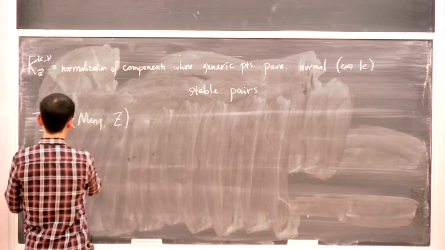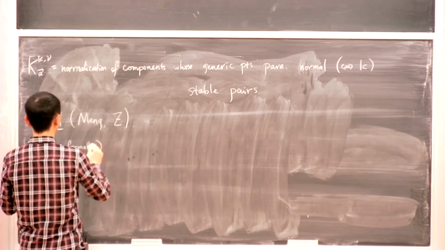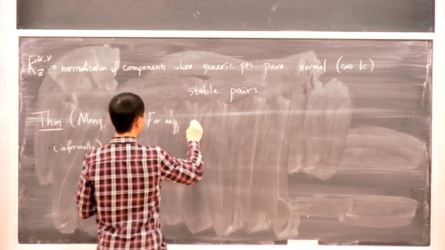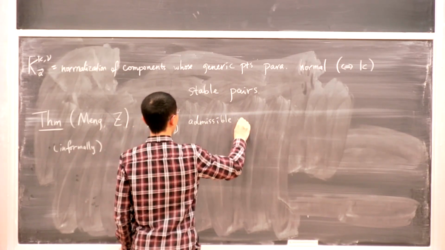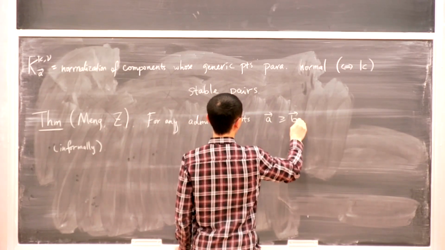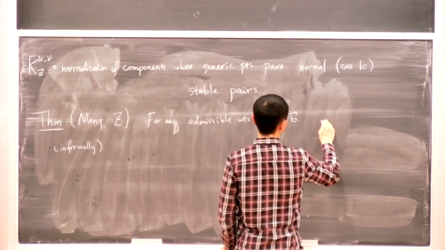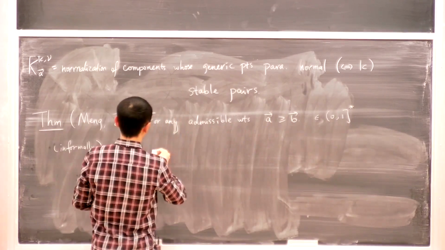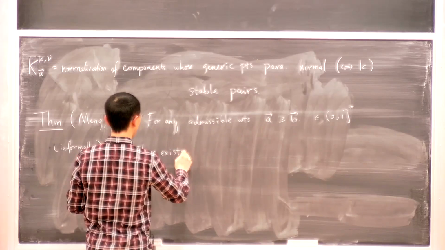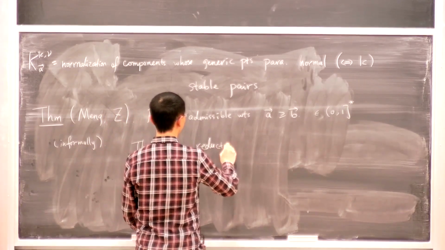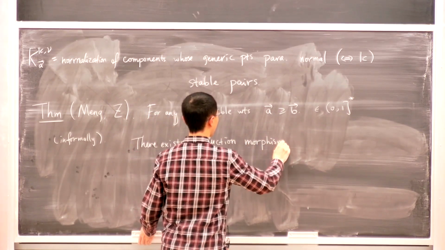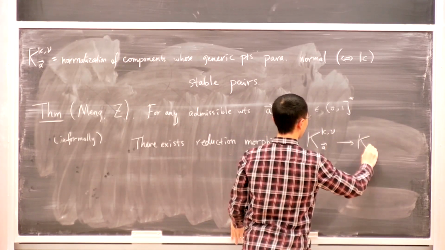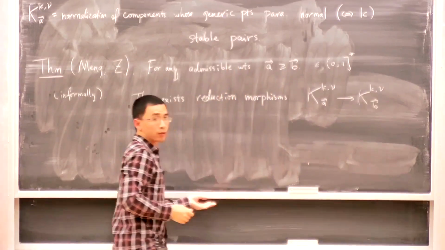So informally, it basically contains most of the essential information, namely that for any admissible weights A and B, where A is at least bigger than the other, again, so they sit in this region for the correct number of entries, there exists this reduction morphism between those spaces when you vary the weights. Okay, so at least that's an informal statement.